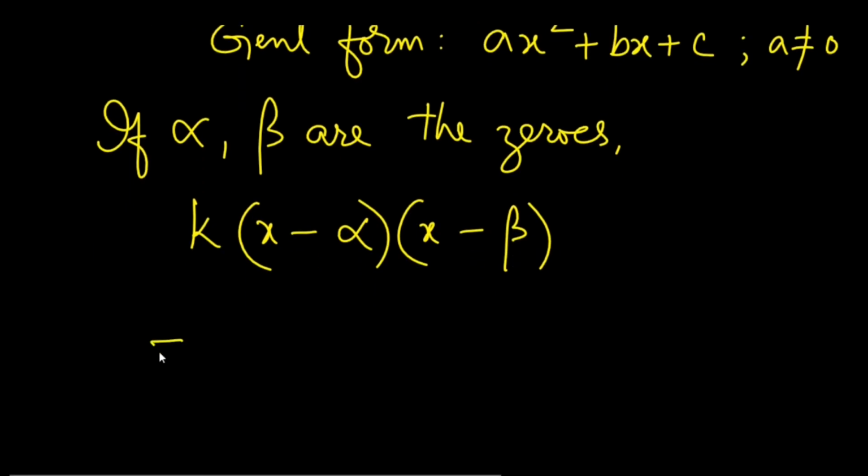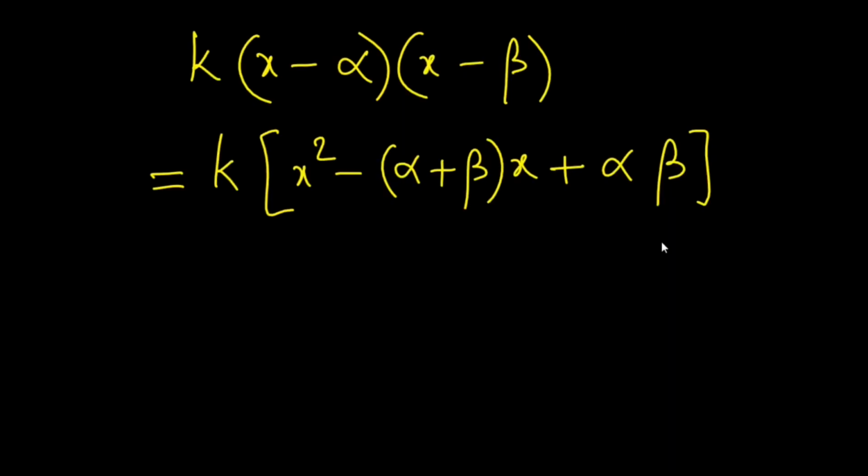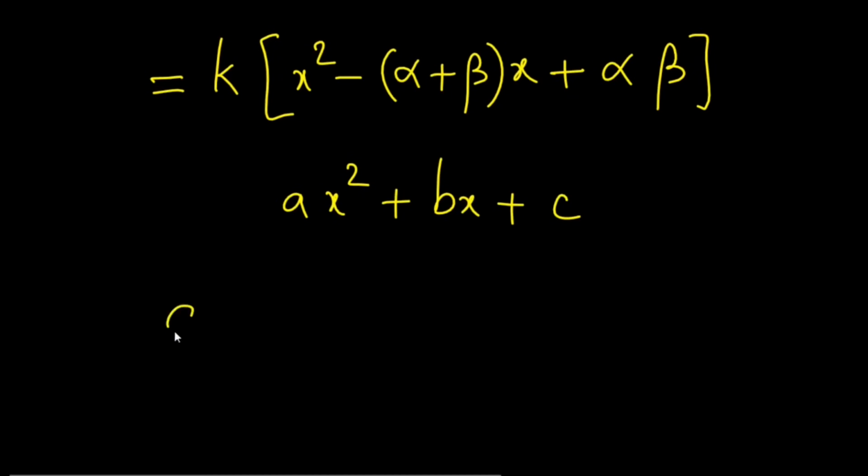By expanding, we get k into x square minus alpha plus beta into x plus alpha beta. Now by comparing this quadratic polynomial with the general form ax square plus bx plus c, we get a is equal to k.